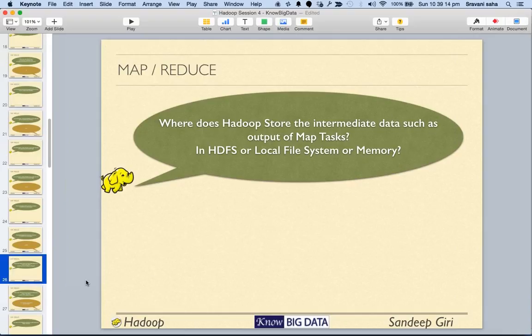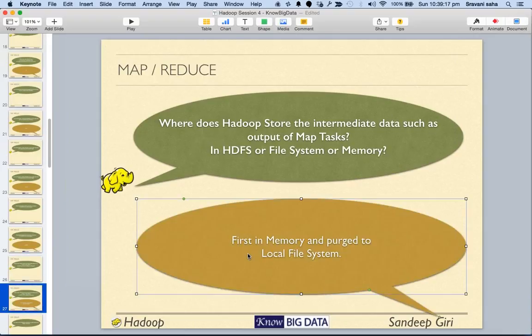So the way it works is, first data is received in the memory, and parallelly, as the data is being read from your mapper function by Hadoop, it's being moved into the disk. So all of you are correct in a way that first the data goes into memory, and then it purges into the local file system.